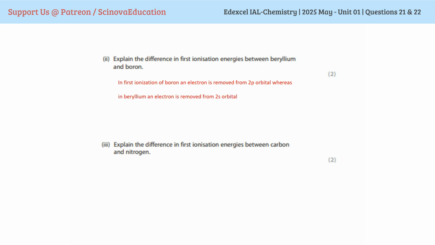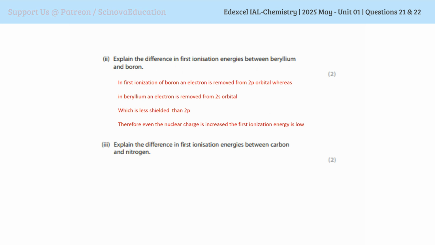Therefore the beryllium electron is removed from 2s orbital, it is more difficult than removing from 2p orbital, since the 2s orbitals are less shielded, no more effect from the nucleus. Therefore, even though the nuclear charge is higher, the first ionization becomes low when it comes to boron.